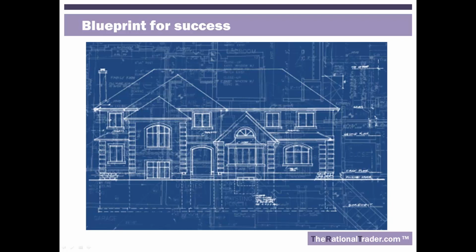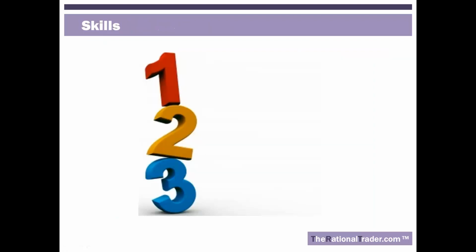To do that, there are 3 skills that you need to develop. 3, not just one. And the first skill is by far the most important, and it's related to your biology. You experience a lot when you're trading, and how you respond to what you experience is very, very important to your success.